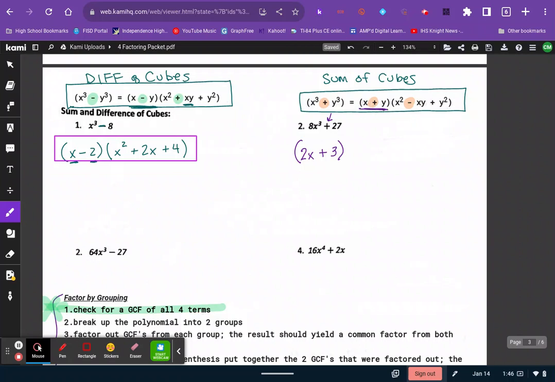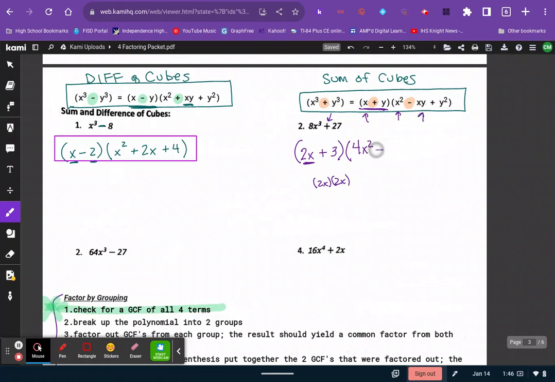Now in the second set of parentheses, it says take whatever's in that spot and square it. So that means I take all of this and square it. So I'm squaring the whole thing. That's 4x squared.